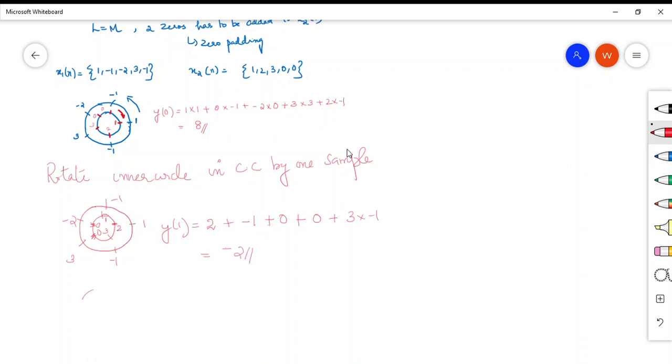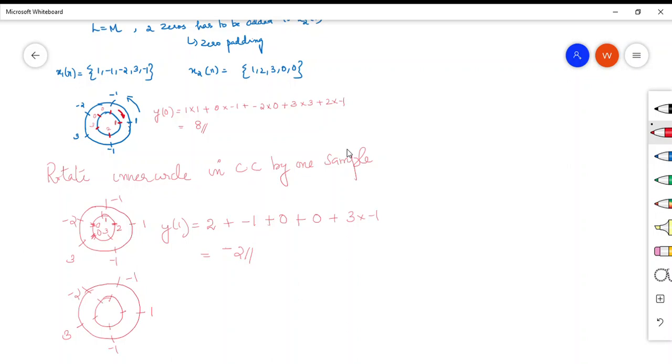Now for getting y of 2, again you have to draw two circles, 1, 2, 3, 4, 5. So this is 1, minus 1, minus 2, 3, minus 1. Divide it into 5 points.